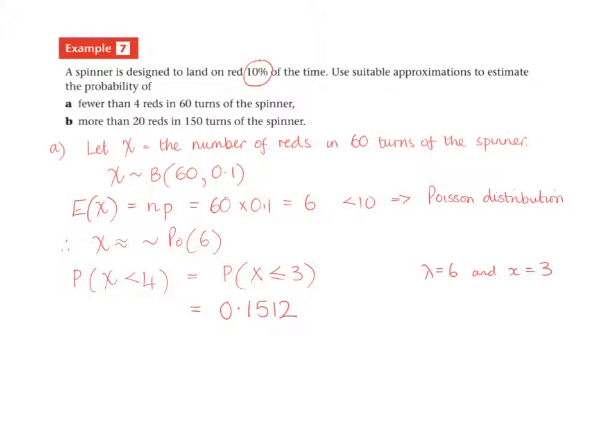Moving on to part B, we've got more than 20 reds in 150 turns. Okay, let's declare our variable again. So let R equal the number of reds in 150 turns of the spinner.